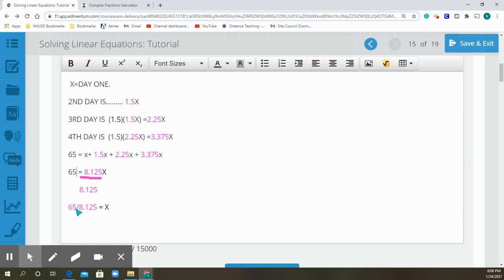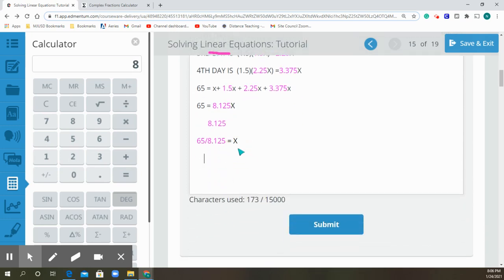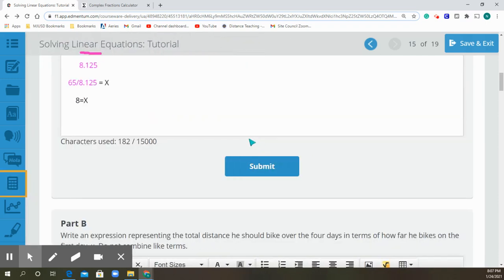But 65 divided by 8.125 equals x. If I do that math on the calculator, 65 divided by 8.125 equals 8. So 8 equals x. What does that mean?